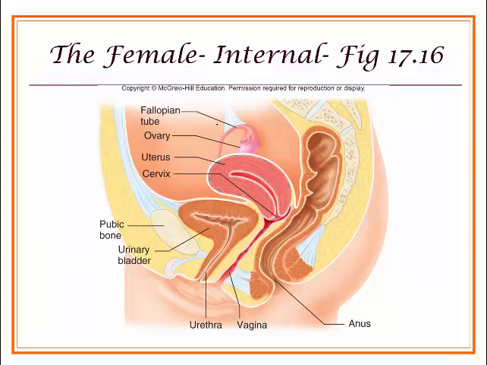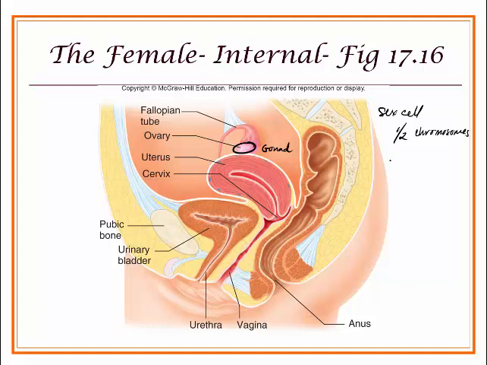Internal structures for the female reproductive system are going to include a gonad. And of course, a gonad from your general biology or human biology class was a structure that produces a sex cell. And of course, a sex cell has 1/2 of the chromosomes of a normal cell.